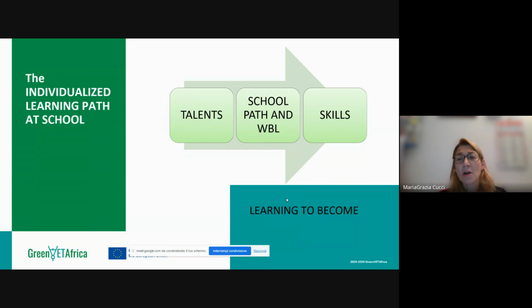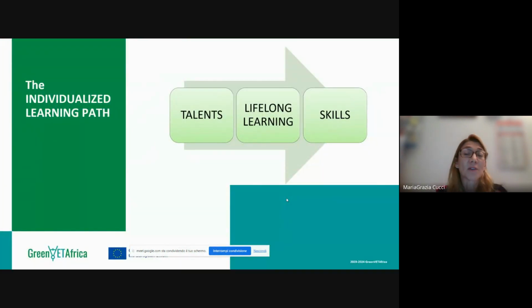It is learning to become, learning to be seen, and it is a specification of the first path that I showed you of lifelong learning, about which I think we are all aware, because we continue to study and to learn, and the fact that you are here in call with me is the absolute assurance that we believe in this role.